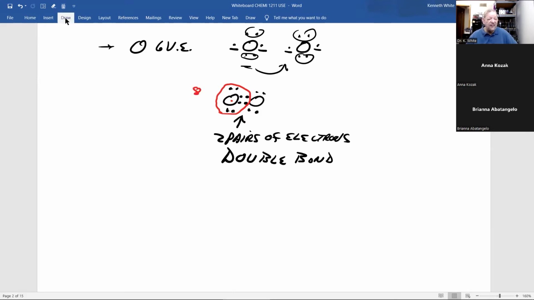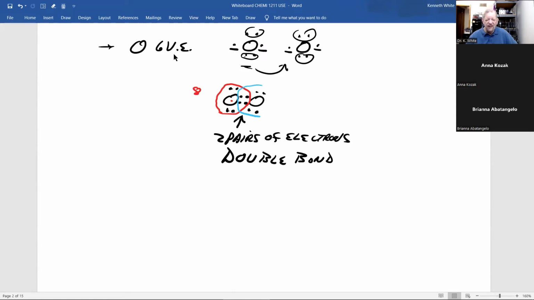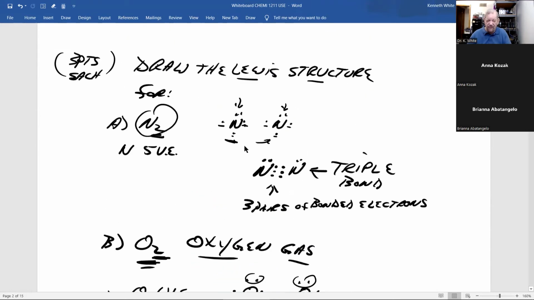If we look at the other oxygen, how many shared and non-shared electrons total do we see? 2, 4, 6, 8. So in oxygen gas with the double bond, you see 8 valence electrons for each atom. Remember, hydrogen is an exception.